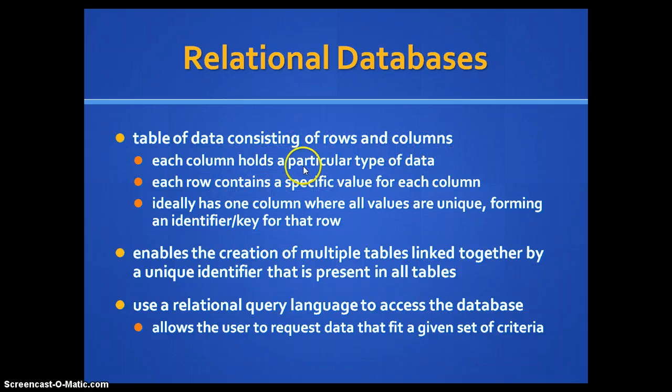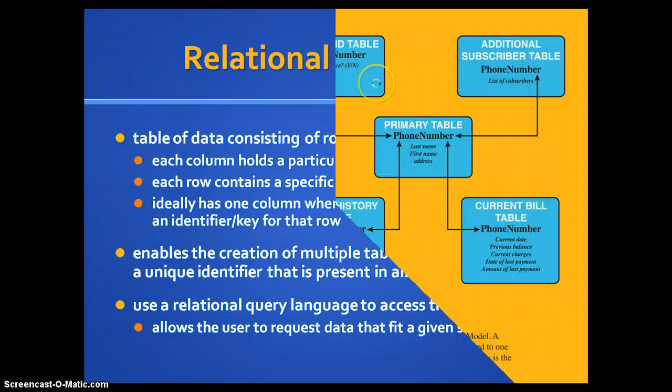Each column holds a particular type of data. Each row contains a specific value for each column. Ideally it has one column where all values are unique, forming an identifier key for each row. Here is the definition of what's meant by relational database.